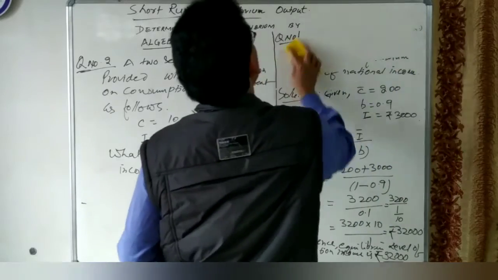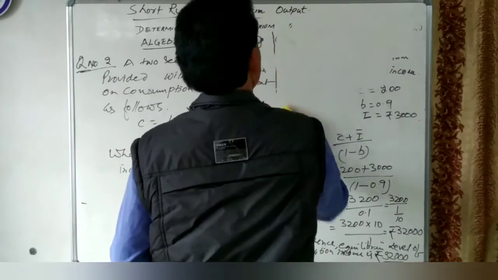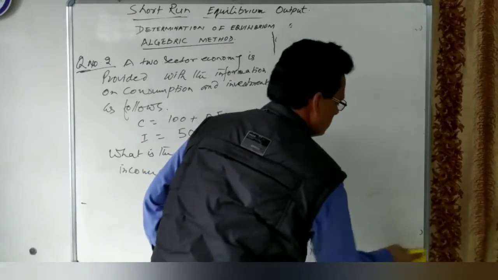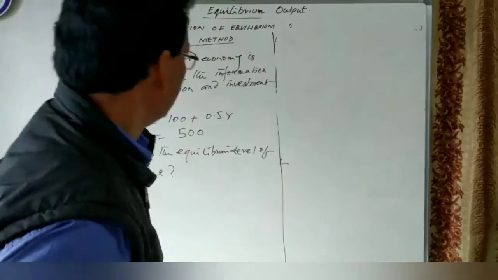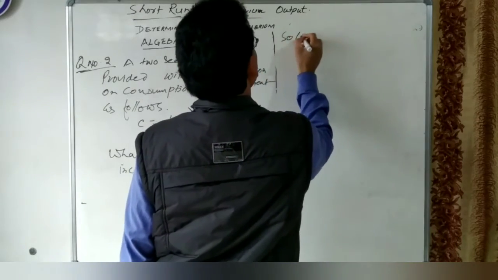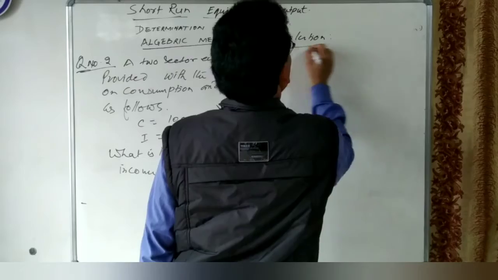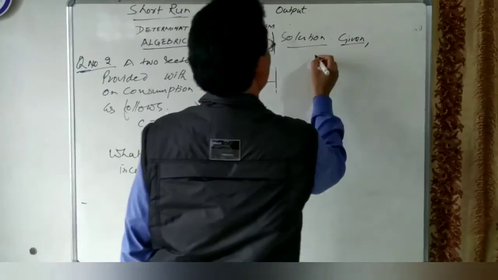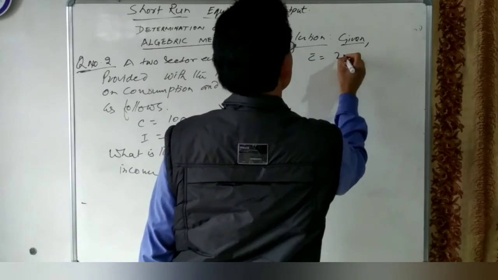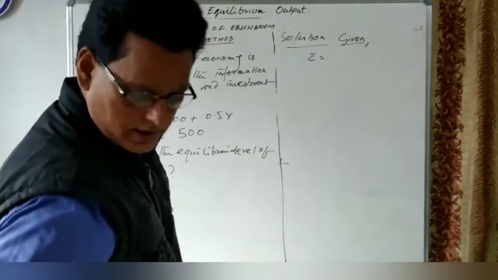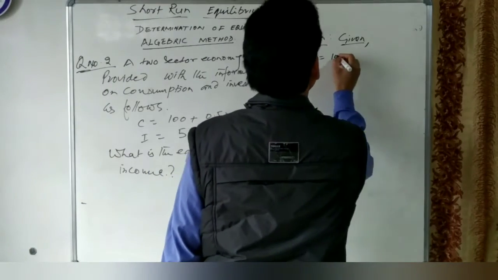Let us calculate the equilibrium level of income. We have to see what is given in the solution. C bar, the autonomous consumption, is 100.